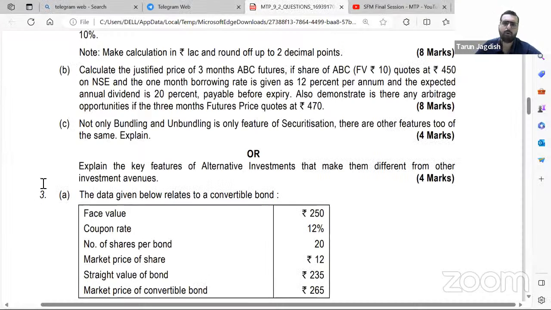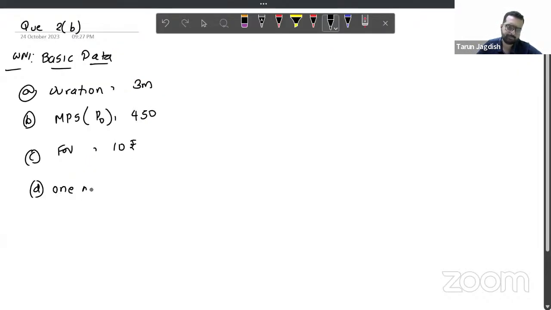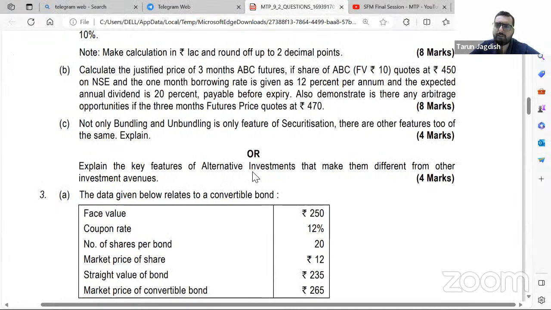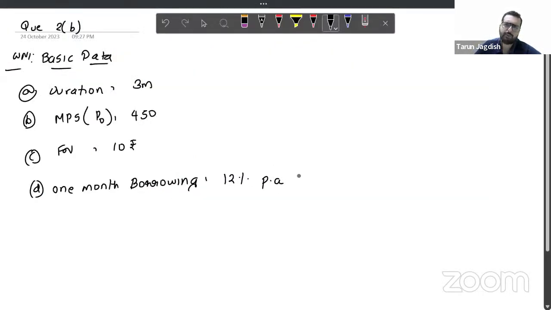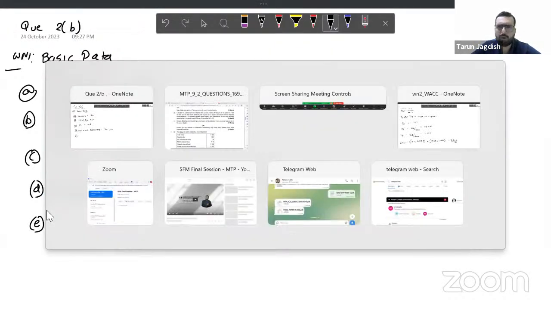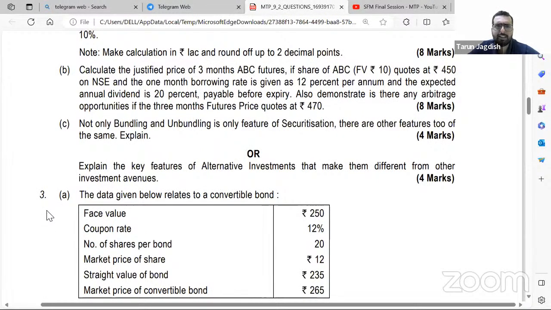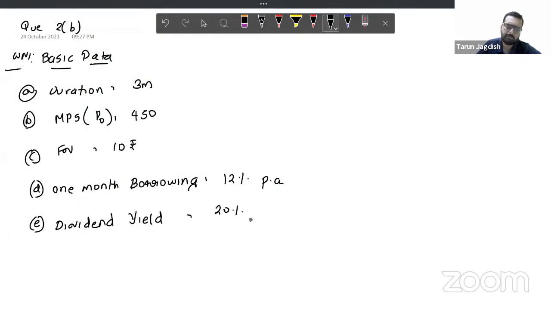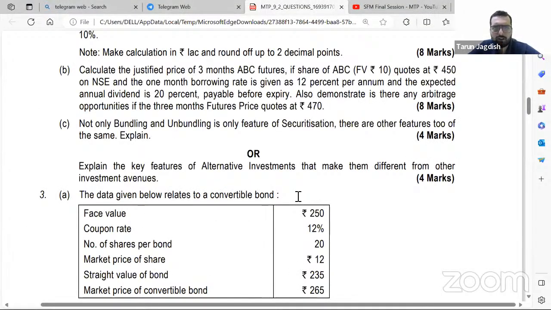And 1 month borrowing rate, I think they have given us 12% per annum. It's always per annum, friends. Interest is supposed to be always per annum. And the expected annual dividend is 20%, the dividend yield per annum is 20% per annum.